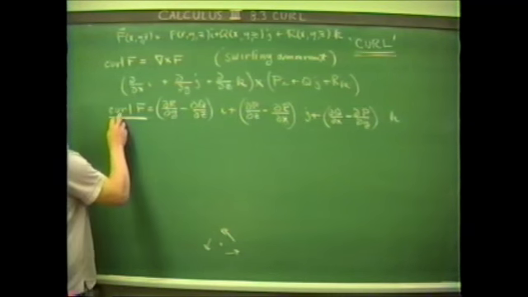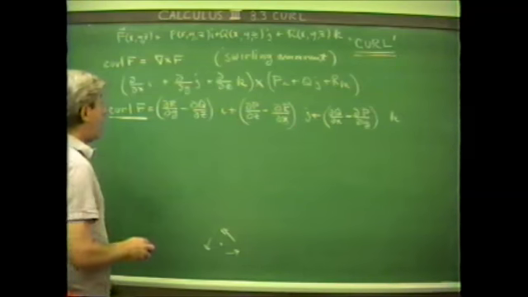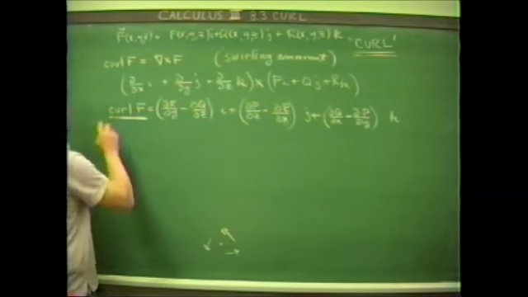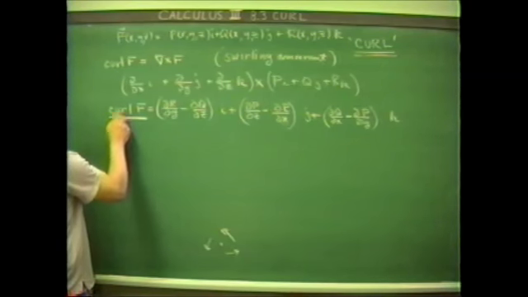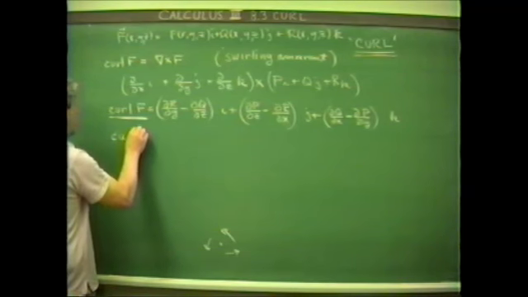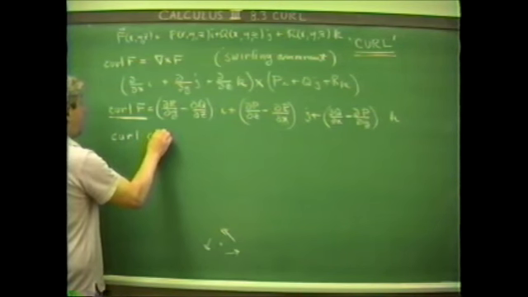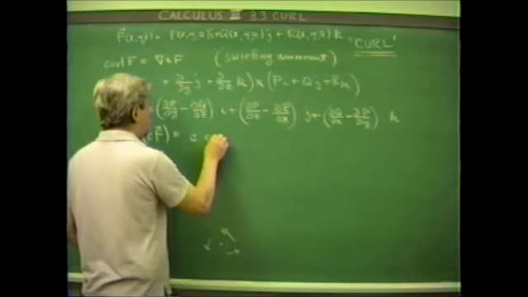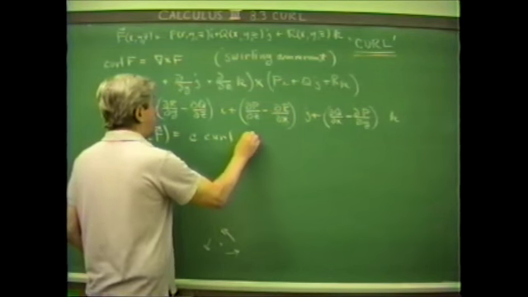Now, the curl also behaves a lot like a differentiation. That's to say, the curl is like a derivative. So that what you have here is the following. The curl of a constant times a vector value function is constant times the curl of the vector value function.